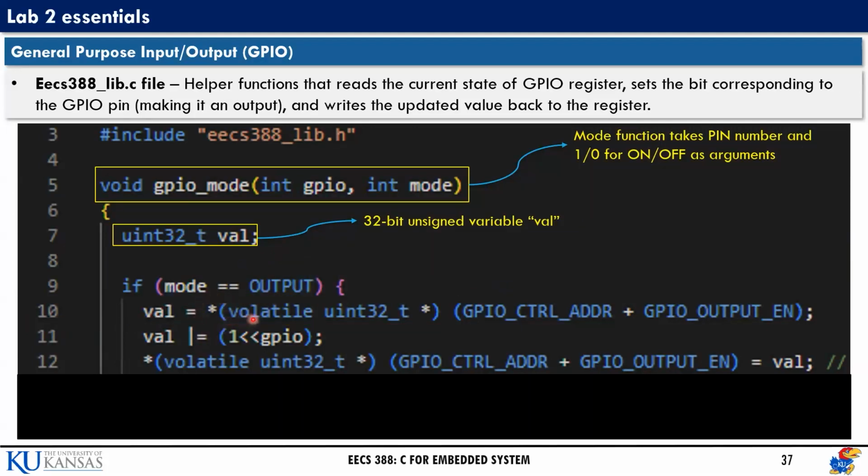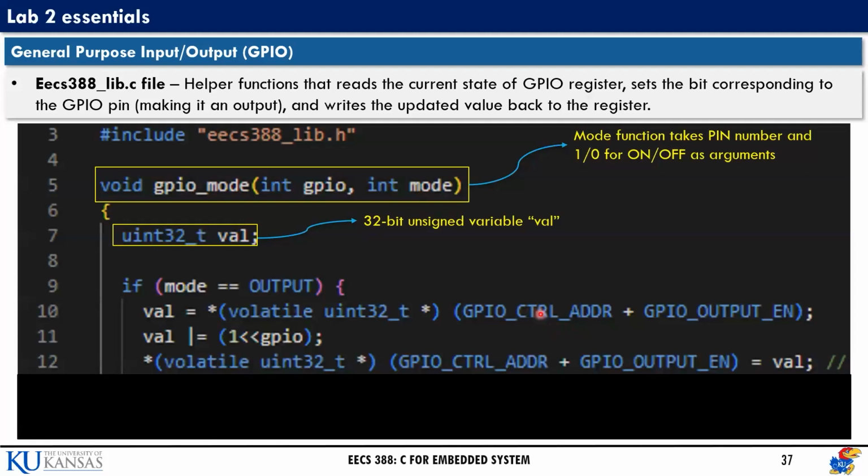So we have this line, the long line. It basically consists of some pointers, a keyword that is volatile, another keyword uint32_t, then some variables. These variables, GPIO_CONTROL_ADDRESS plus GPIO_OUTPUT_ENABLE, is basically the memory address of the register of output_enable.